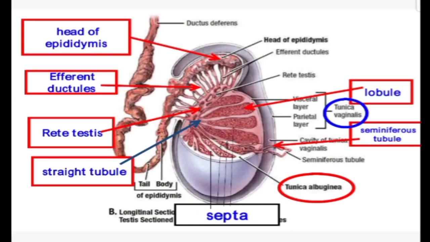So this is the histological picture of the testes.